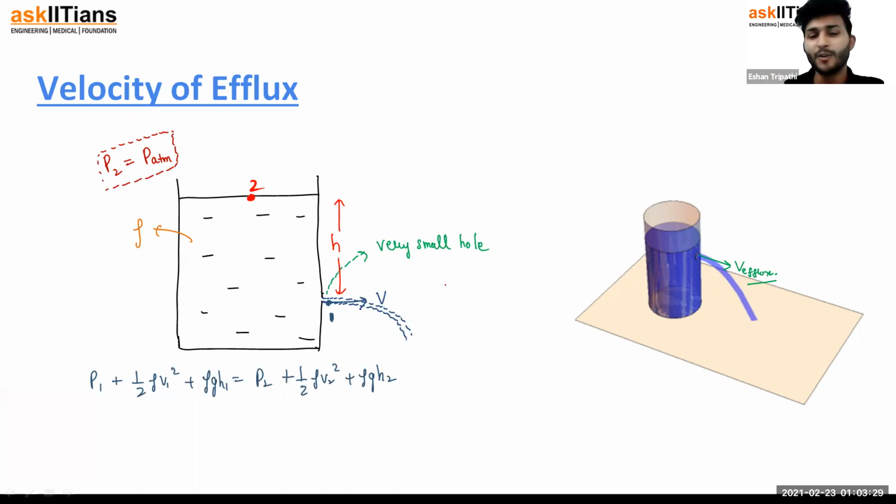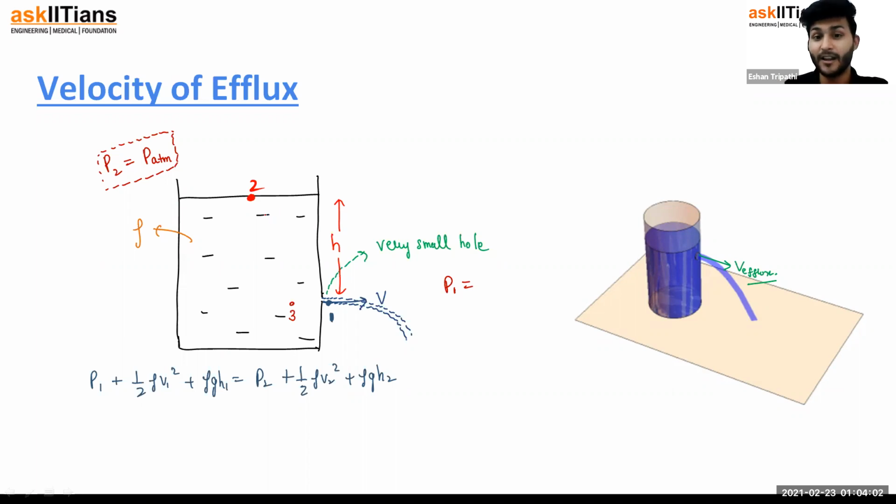It's atmospheric pressure. The question is, do you know the pressure at point 1? Think about this. Is it a little bit more than atmospheric pressure, less than atmospheric pressure, or equal to atmospheric pressure? If you're thinking the pressure is more than atmospheric pressure because it's a bit deeper, then guys, you are actually thinking about the point over here, which is inside the liquid.